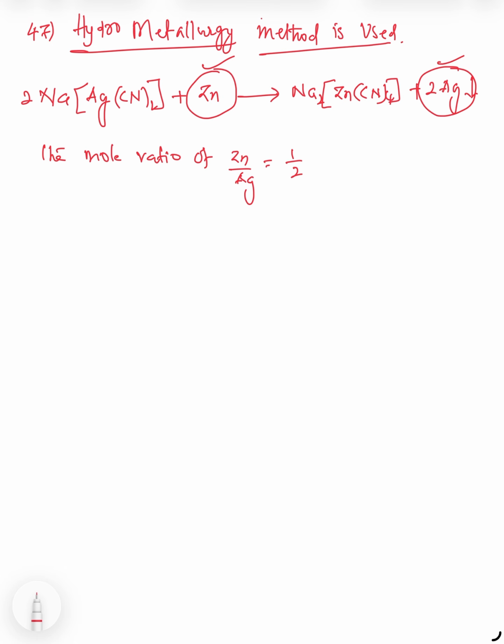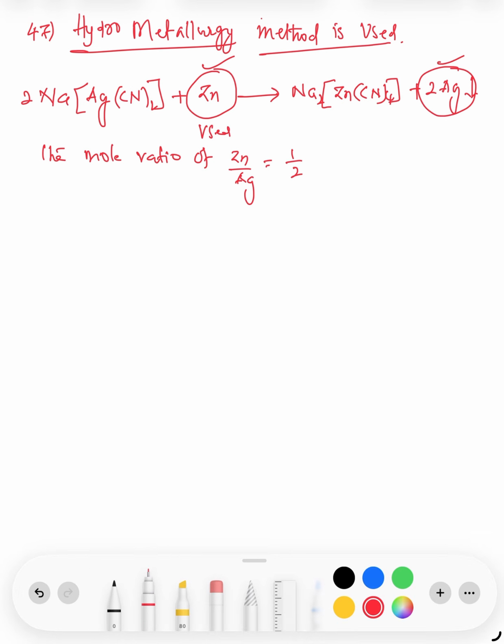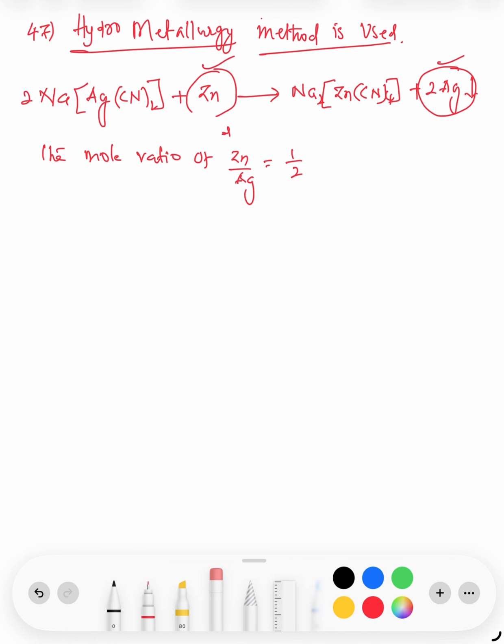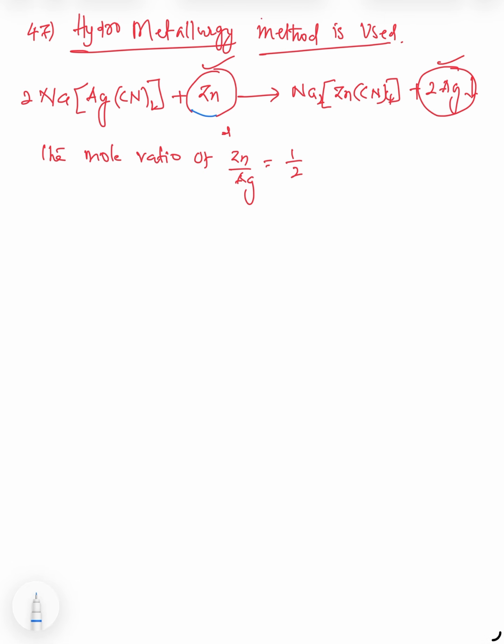Generally zinc is used in the process, whereas silver is recovered.